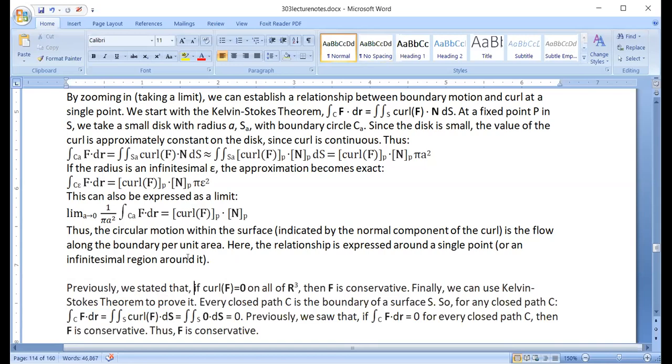Previously, we saw that if the line integral of f dot dr equals 0 for every closed path C, then f is conservative. But we just showed that that's true. Therefore, vector field f is conservative. And that completes the proof that we started a long time ago.